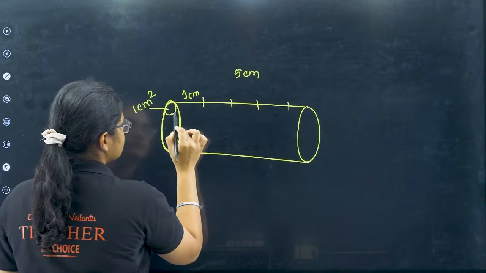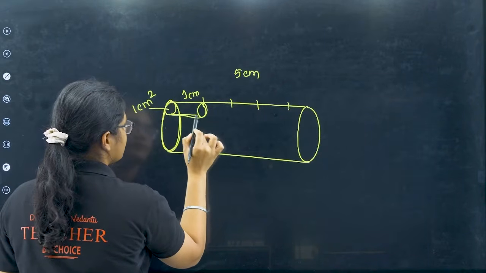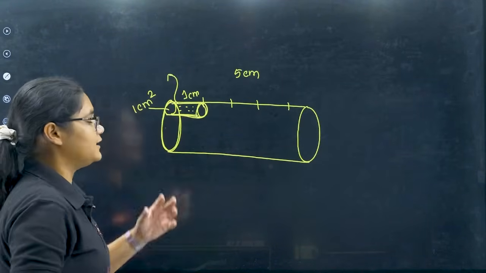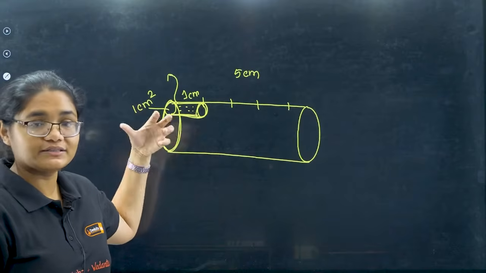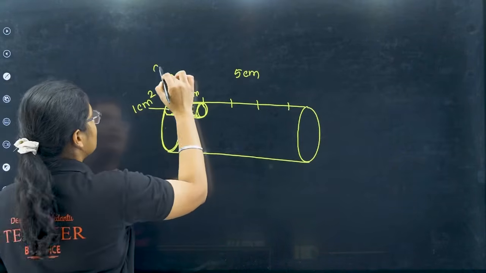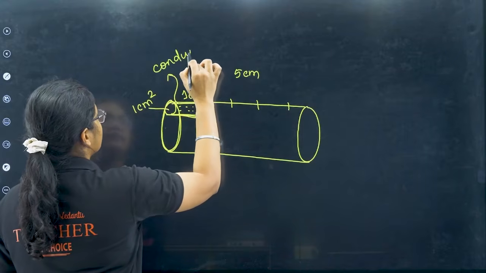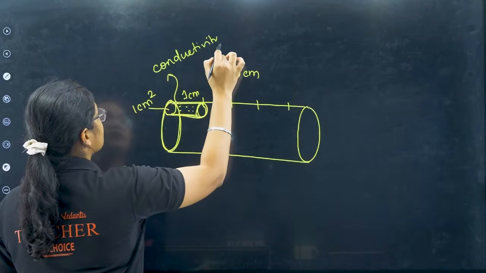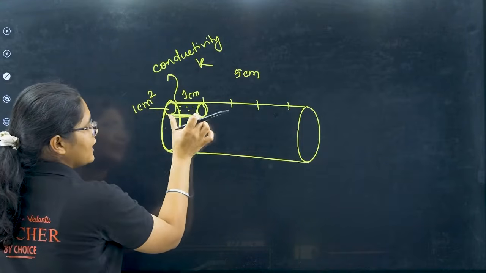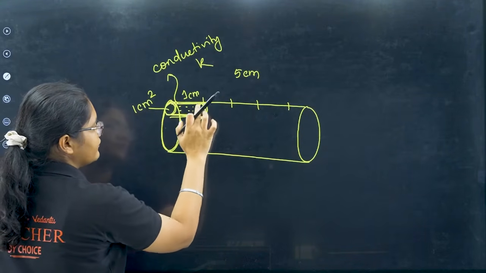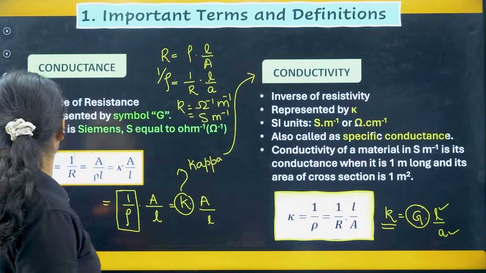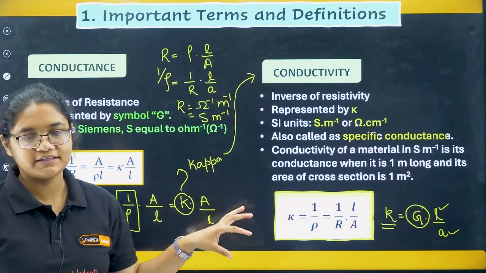So this much area and this much length, what is the conductance of this particular part, how much electricity this particular part can conduct, that will be equal to your conductivity, or we can call it kappa. Right, so kappa is the conductance when the area is 1 centimeter square and the length is 1 centimeter. Okay, so we have understood these terms.